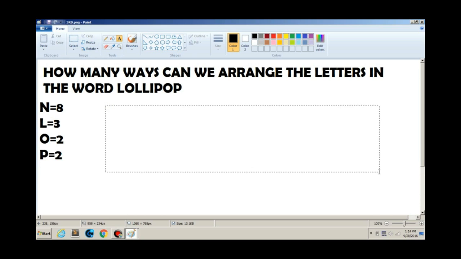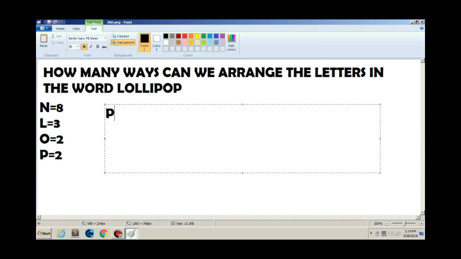Now, we're going to use the formula P of n k equals n factorial over n1 factorial, n2 factorial until nk factorial.